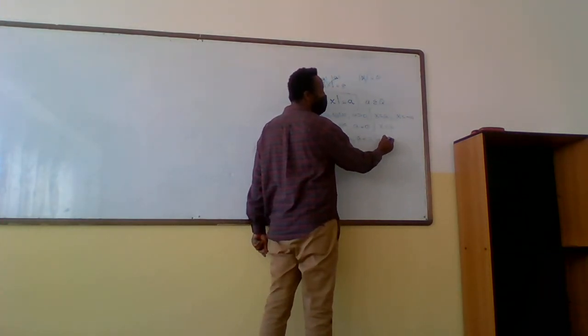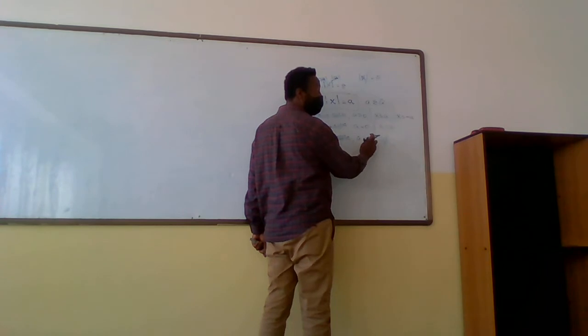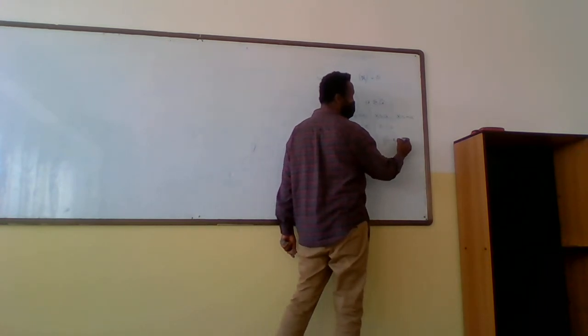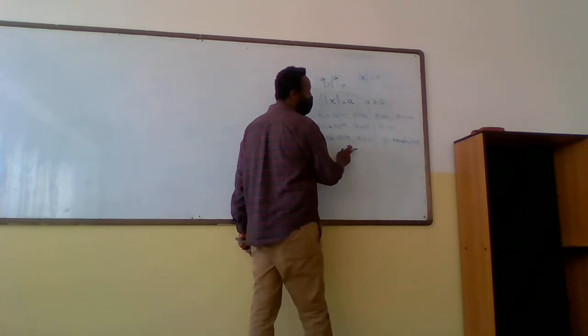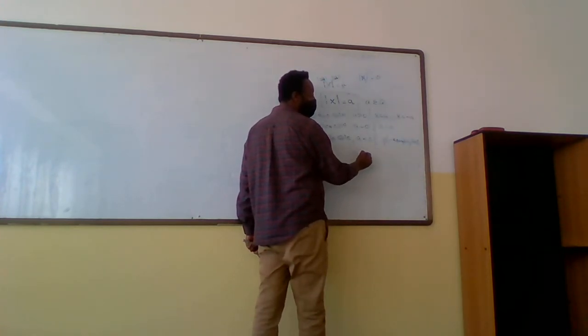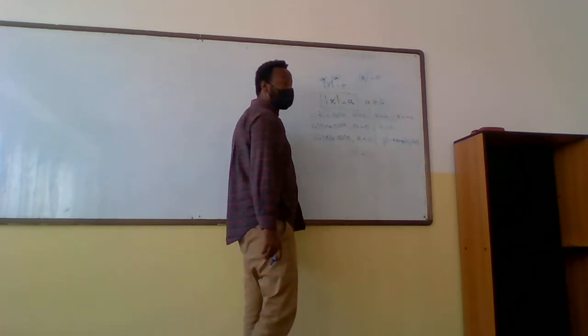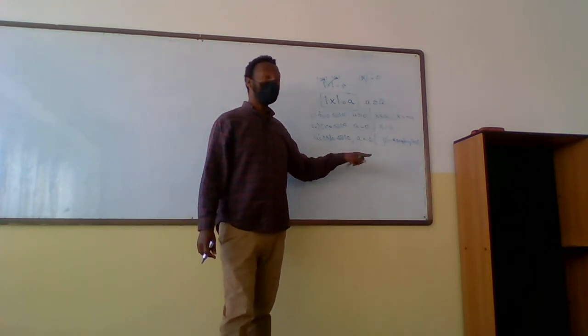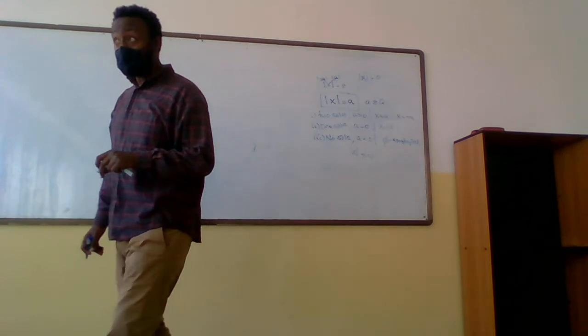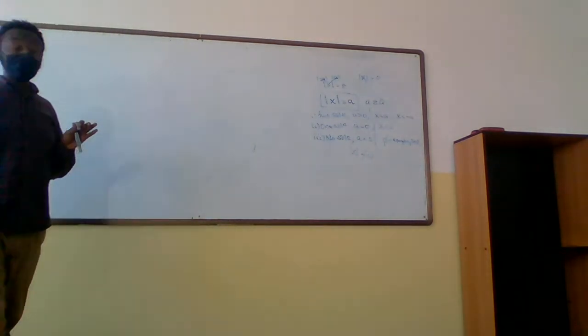Then the solution set will be what? What do we call this? Empty set. Why? Because the absolute value of any number can never be less than 0. When it comes out of the absolute value, it's always positive. It can never be negative.